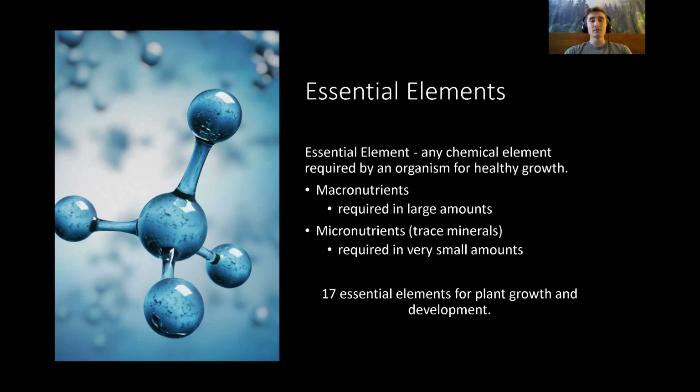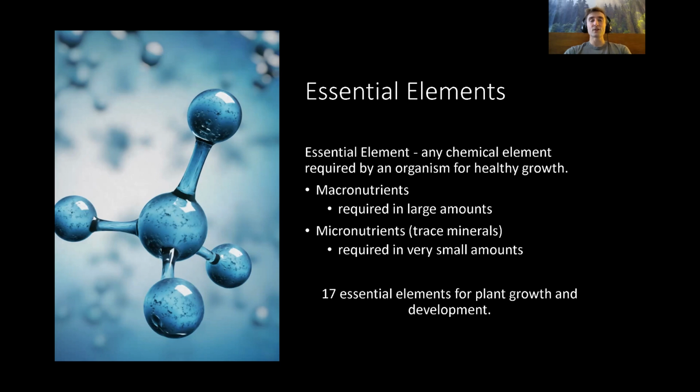All in all, there are 17 essential elements for plant growth and development that we know of. And we're learning more and more all the time, so this number may change as new discoveries are made. There are other elements that are beneficial to plants that are not on this list.